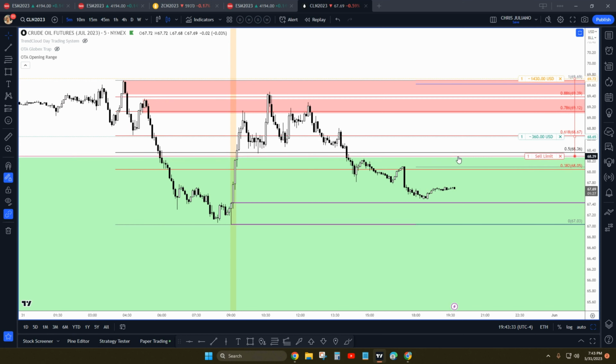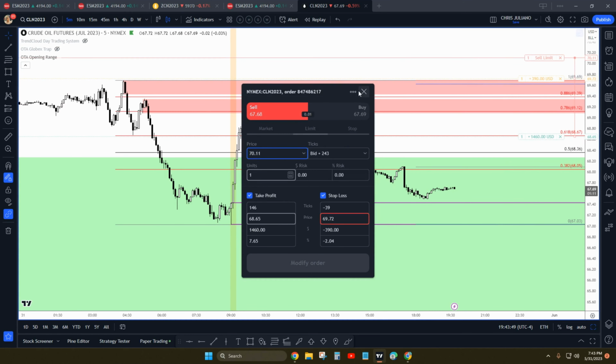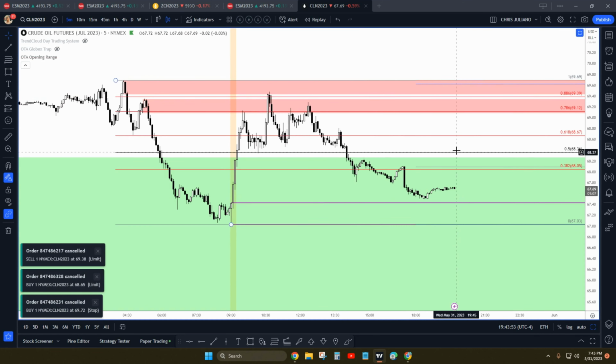And in this case, it's making some really nice peaks. So I would just follow this down peak by peak right there. If I was still in this trade, one contract, I'd put my stop loss right there. Why give anything back? Don't give anything back. Let's get rid of that.